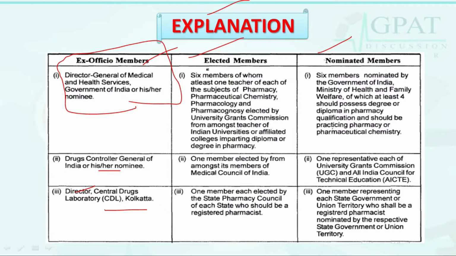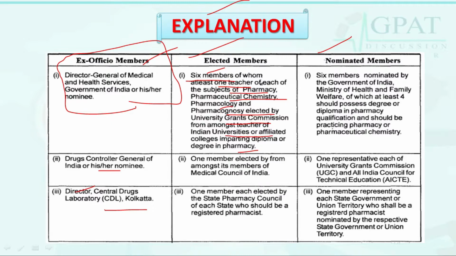And elected members include 6 members, of whom at least one is a teacher of the subject of pharmacy, that is pharmaceutical chemistry, pharmacology, pharmacognosy, elected by the University Grants Commission, that is UGC, from amongst teachers of Indian universities or affiliated colleges imparting diploma or degree in pharmacy.